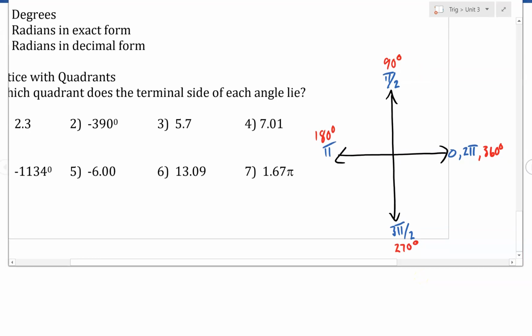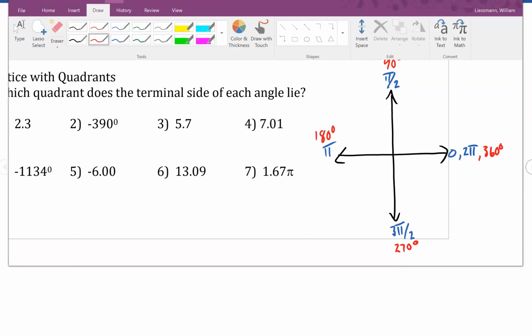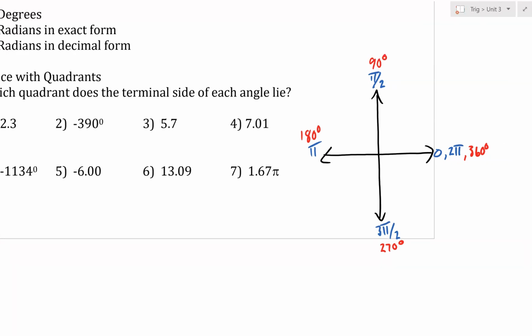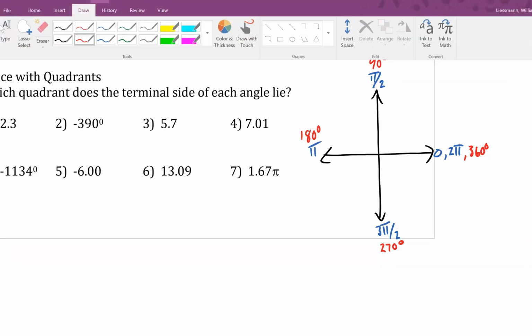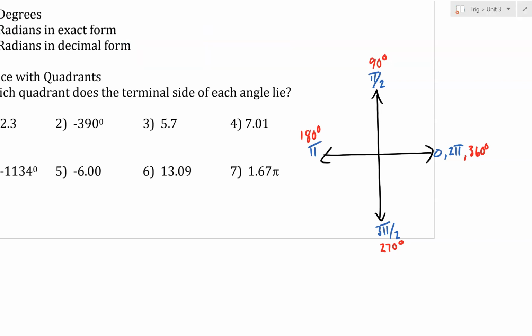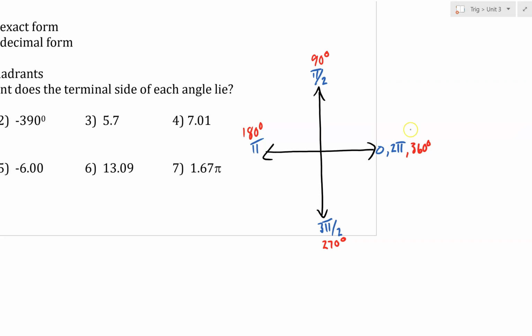The last thing I want to put in this little picture, because this is really what they asked you for, is the decimal equivalents of these. So 2 pi, that's really 6.28.